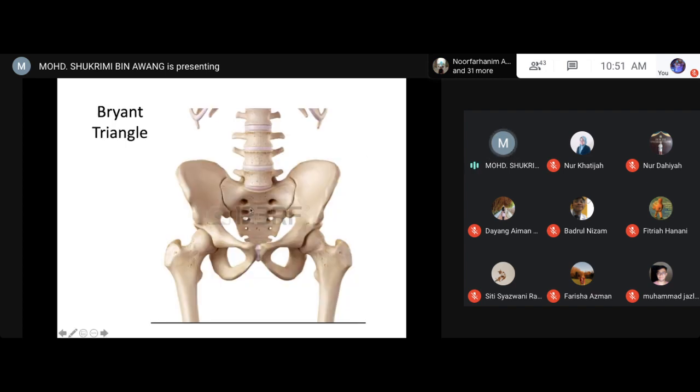Basically you locate from your axis to the greater trochanter, right? The line goes up to here, the greater trochanter, not the fossa, a bit more here. From here to here, two points that connect the axis and the greater trochanter.